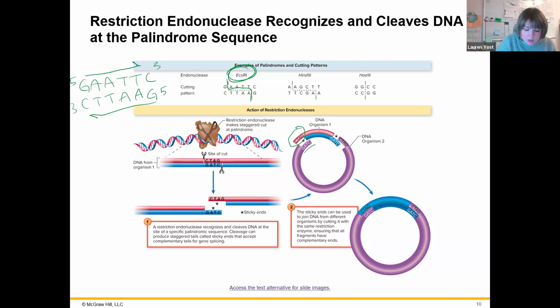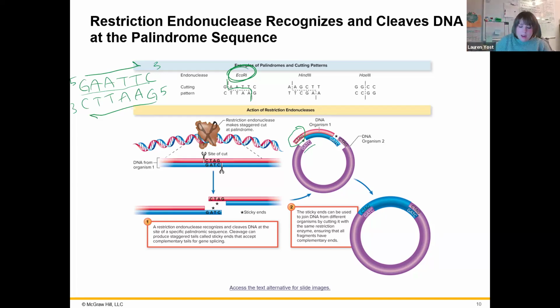Additionally, if you take one strand and you fold it over onto itself in the middle, it matches up. So this is what makes it that very special palindromic sequence on how restriction endonucleases work to cut DNA. They recognize it. It goes the same pattern going forward as it does backwards. It reads the same because of the way that those nucleotides are set up and their complement on the other side.